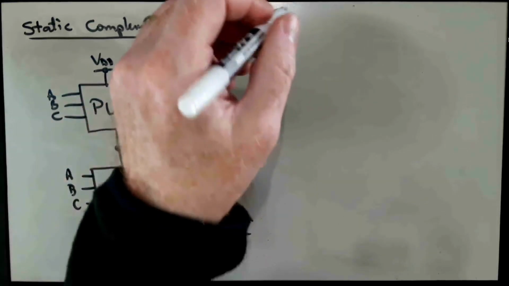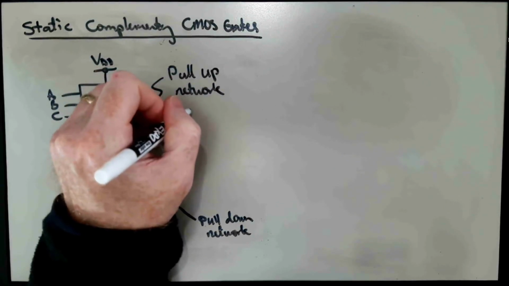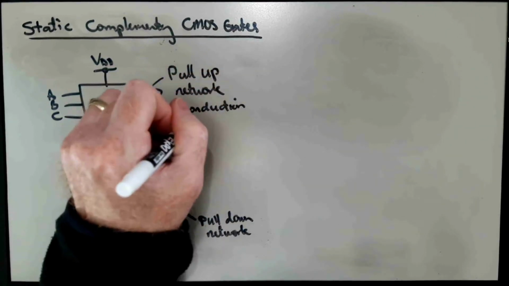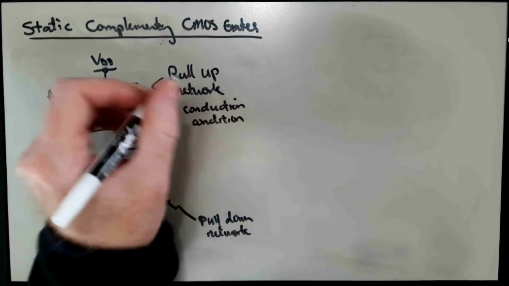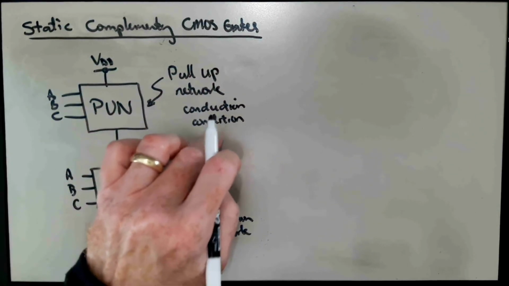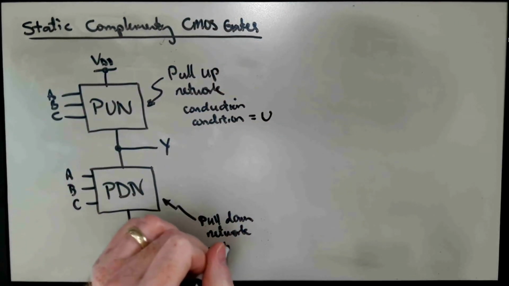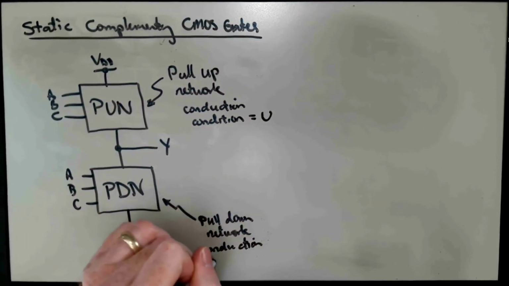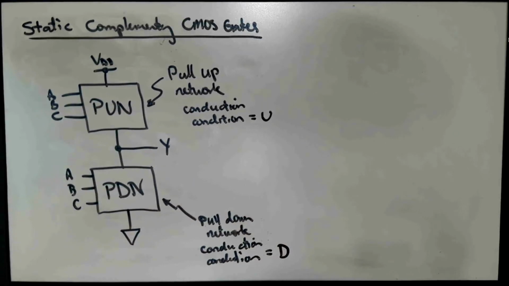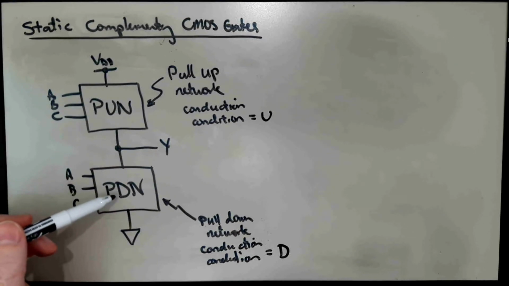Okay, so let's say that the pull-up network conduction condition is represented by U for up, and the conduction condition for the pull-down network is D. Okay, so U is the conduction condition for the pull-up network, and D is the conduction condition for the pull-down network.